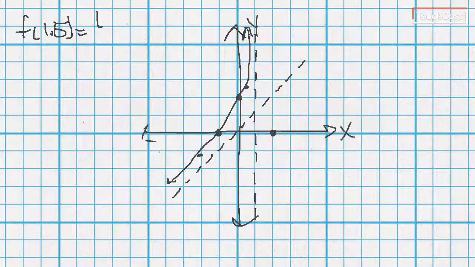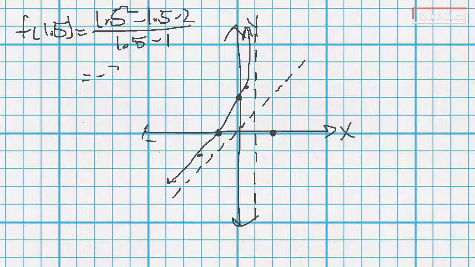Well, we're going to go 1.5 squared minus 1.5 minus 2 over 1.5 minus 1. And again, go ahead, use a calculator. What you're going to find is you're going to get negative 2.5. So at 1.5, between our vertical asymptote and our x-intercept, we're going to go down 2 and halfway to the next one.